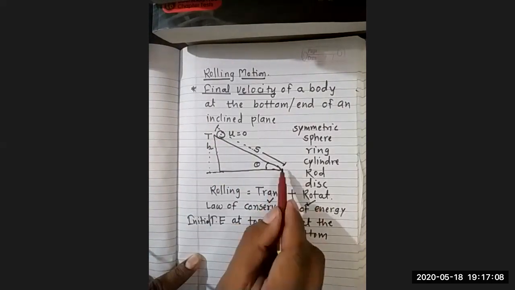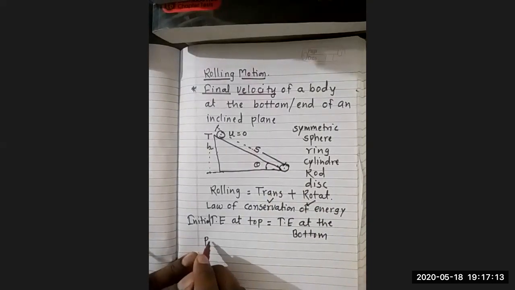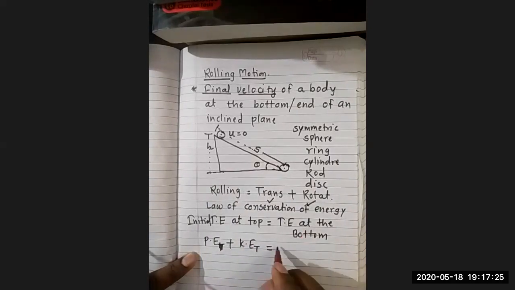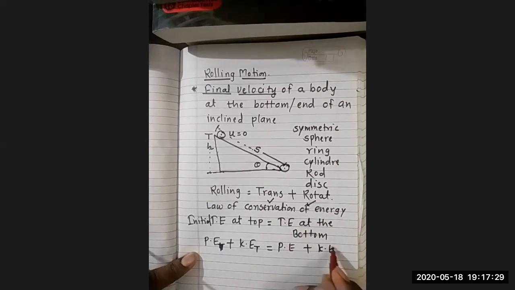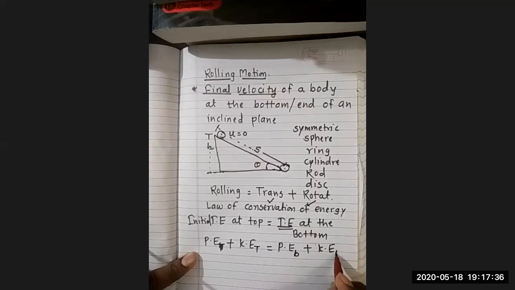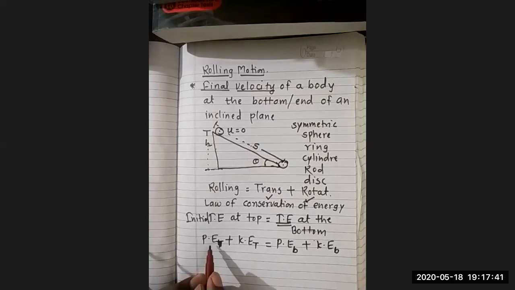So total energy, that means potential energy at the top plus kinetic energy at the top, will be equal to the total energy at the bottom, that is potential energy at the bottom plus kinetic energy at the bottom, right?